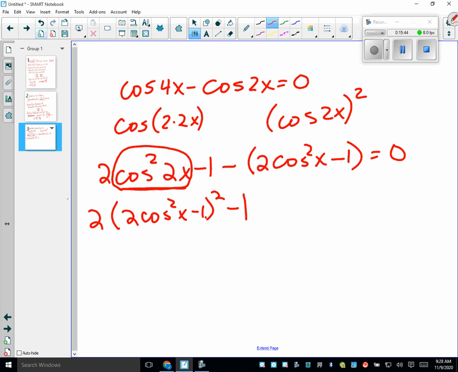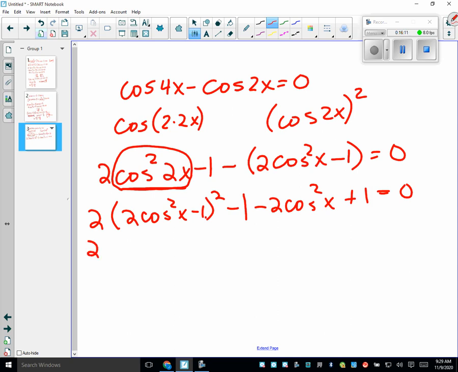I don't like this problem. Minus 2 cosine squared x plus 1 equals 0. Right? I thought the other one was a log problem.